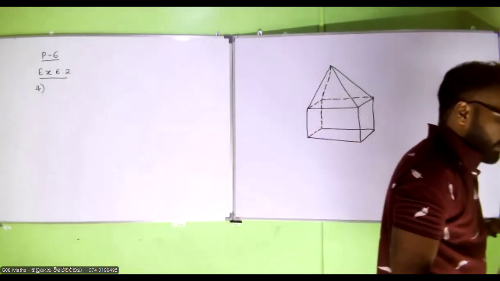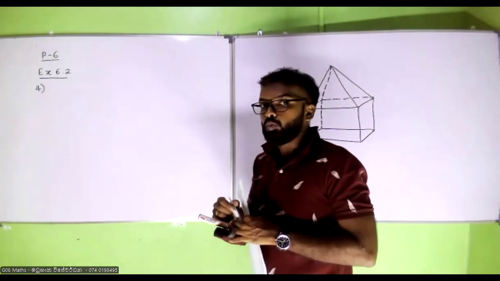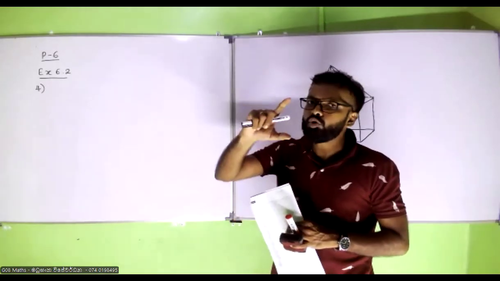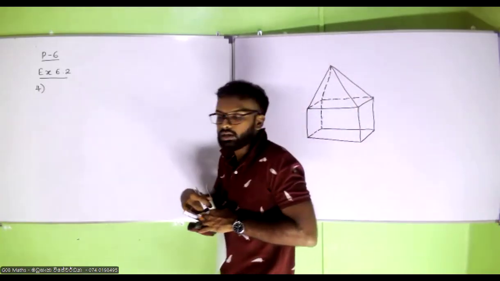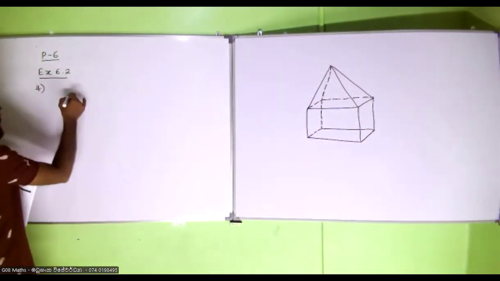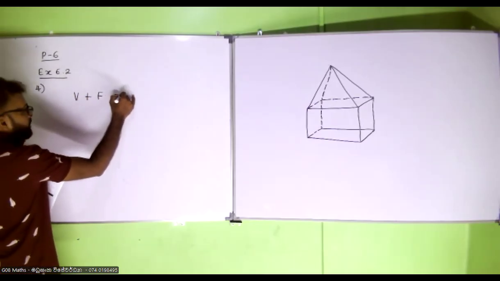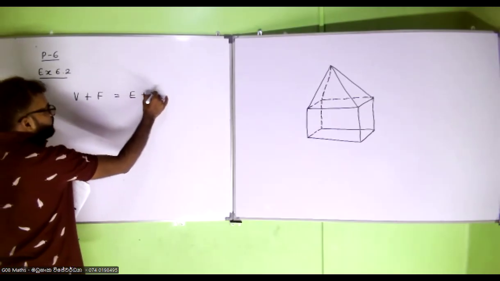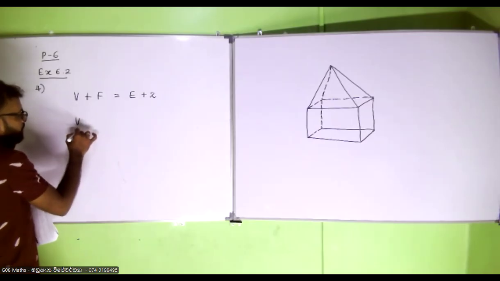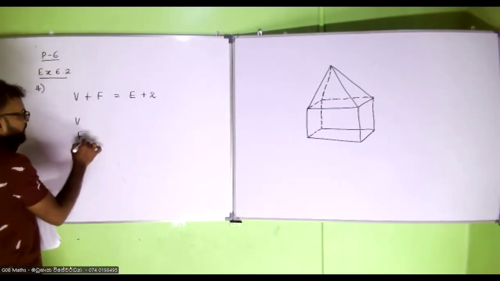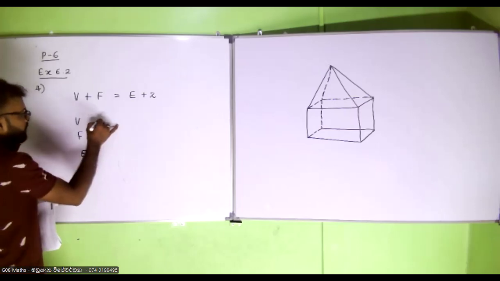So now I will take my red pen. And what I told you earlier is, it would be better if you can write the Euler's relationship first. Right? So our Euler's relationship is vertices plus faces equals edges plus 2. Right? So now I am going to calculate vertices, faces, and edges separately. Right? So I will do this one first.